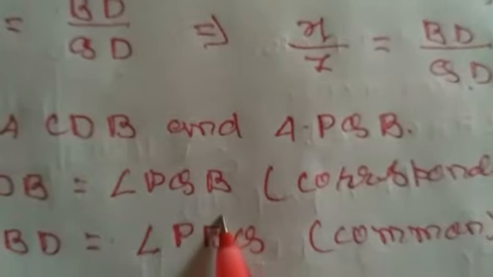So from here, let's see how it can be written. Again, in triangle CDB and triangle PQB, angle CDB is equal to angle PQB. This is corresponding angle. And angle CBD equals angle PBQ, which is common.